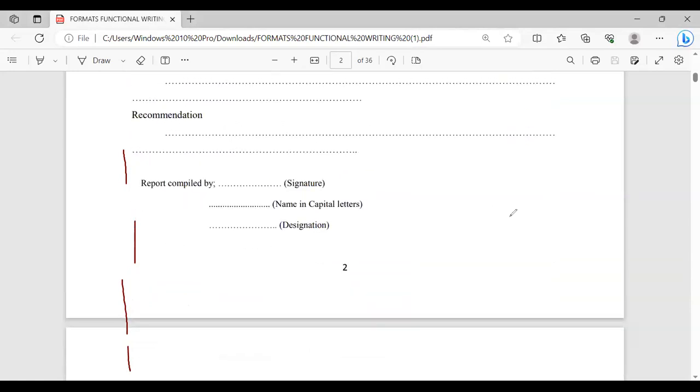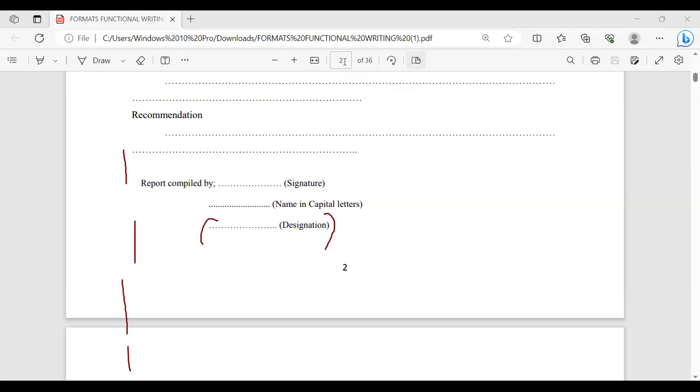Report compiled by, then you put a signature, name in capital letters, then what we call the designation, which means what role you are in. Now, in this case, it was the disciplinary prefect. That is what we mean by designation.